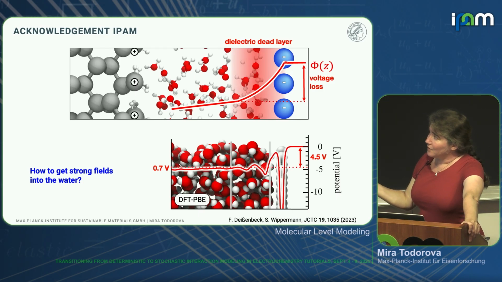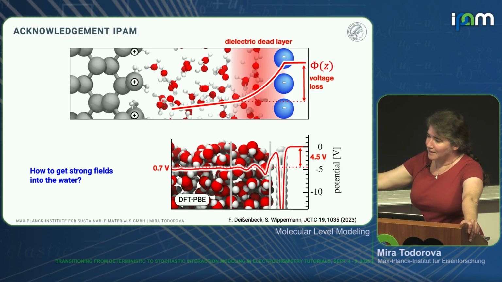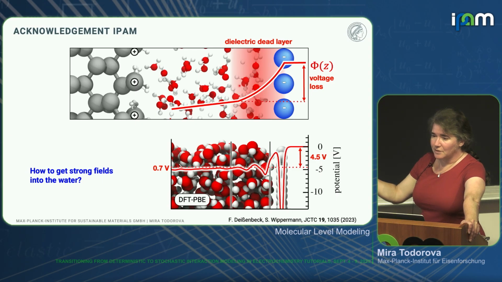And if you have a vacuum layer, you have a screening of 1, which means that a lot of our potential drop occurs actually at this interface. If we could avoid this large potential drop, I would still have my screening of 80, but I would maybe get a higher field in here. So at this point, we lose a lot of the potential that we apply.